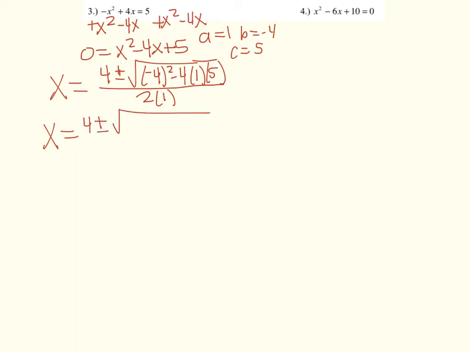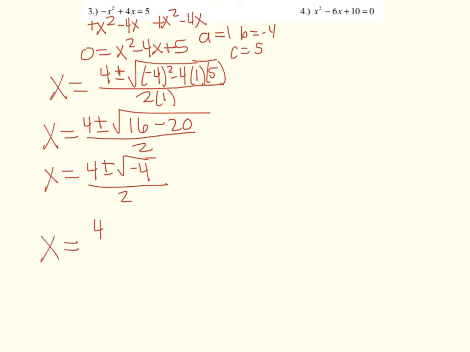So we have 4 plus or minus the square root of 16 minus 20, over 2. So x equals 4 plus or minus the square root of -4, so I know I'm going to have imaginary solutions, divided by 2.